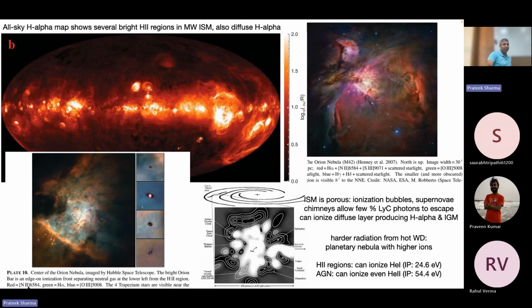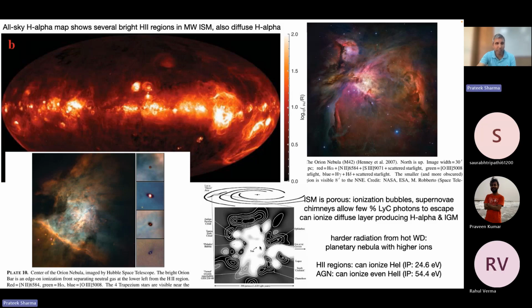I told you, N2 and O3 are some of the major coolants of H2 regions. These photons are easily escaping out. Similarly, H alpha, H beta are easily escaping out because they have less than 13.6 eV, and there's no ground state to higher level.